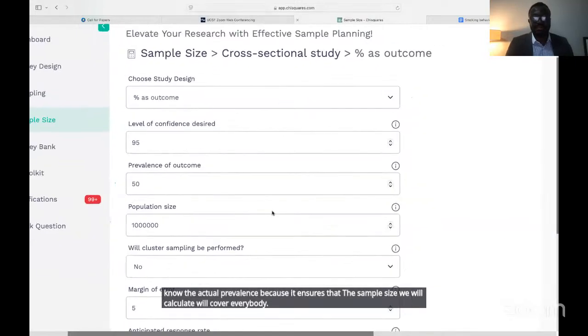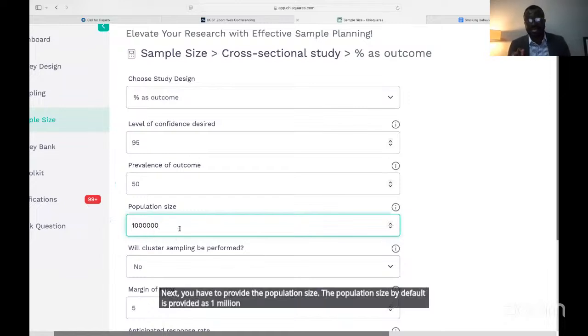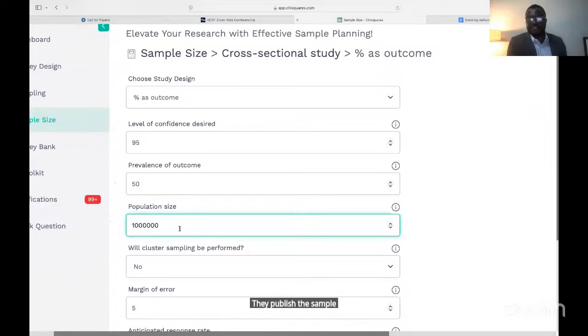Next, you have to provide the population size. The population size by default is provided as 1 million. But it's very important to note that population size has no bearing on the sample size. Another way of saying that is that the sample size is agnostic of population size.